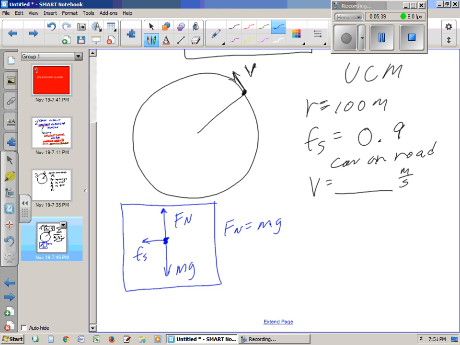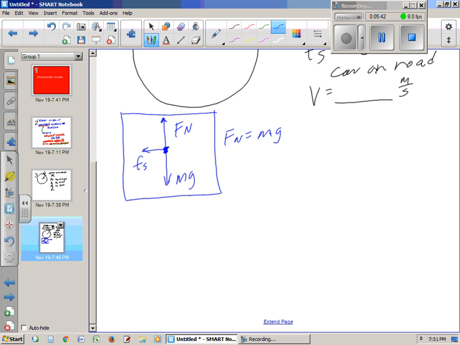Now, the complicated part of this, that was pretty simple. The complicated part of this is to write Newton's second law for uniform circular motion. So that's going to be F equals m, in this case, a radial. And we're going to expand that m a radial into mv squared over r.